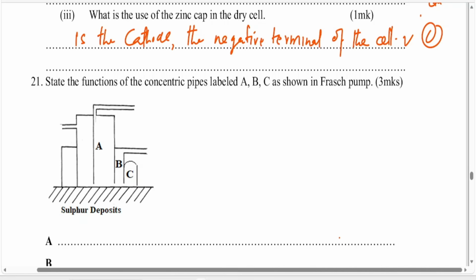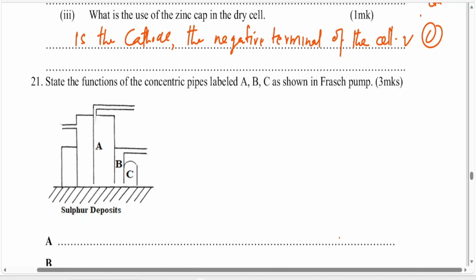The one with the smallest diameter, the innermost pipe, has 2 centimeter diameter, the medium pipe is 8 centimeters, and the widest pipe is 15 centimeters.